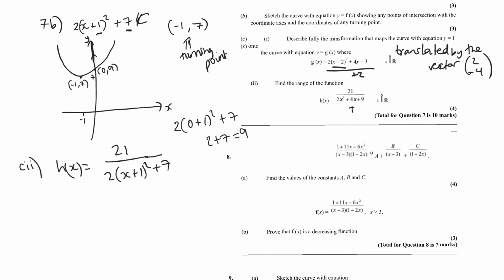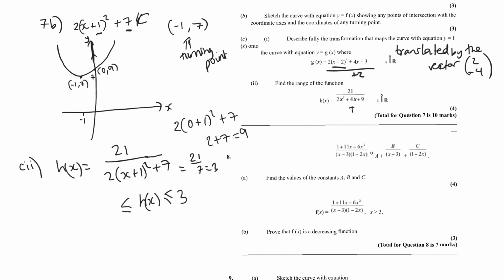So, in knowing that, we know that the highest h of x value, if it was based on the minimum point, which is 7, so 21 over 7 is equal to 3, so we would know that the highest value would be h of x is less than or equal to 3.